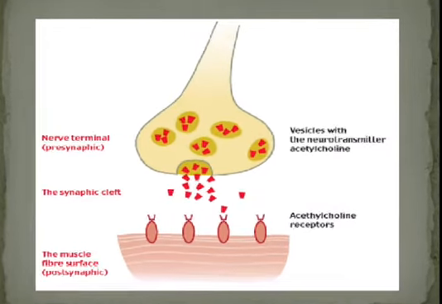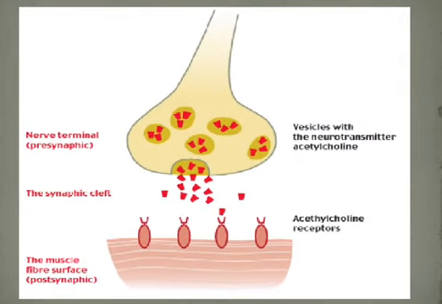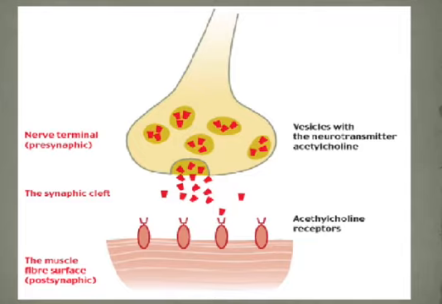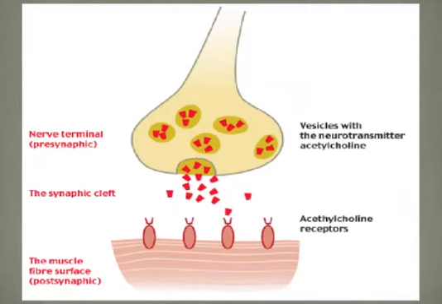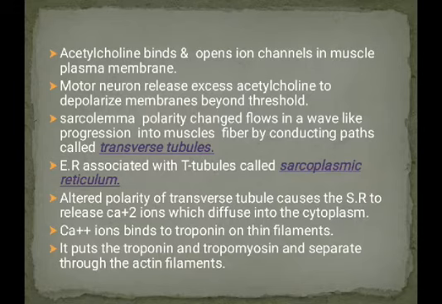Here you can see the presynaptic membrane and the postsynaptic membrane, the synaptic cleft, the vesicles which contain the chemical acetylcholine, and the receptors that are present in the sarcolemma membrane at which the acetylcholine binds. So what will happen when the acetylcholine binds to the receptors on the sarcolemma?